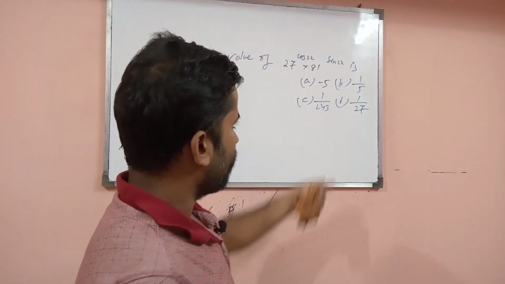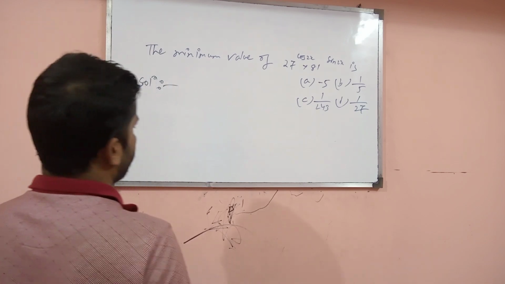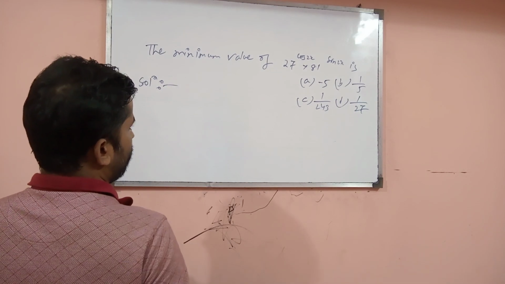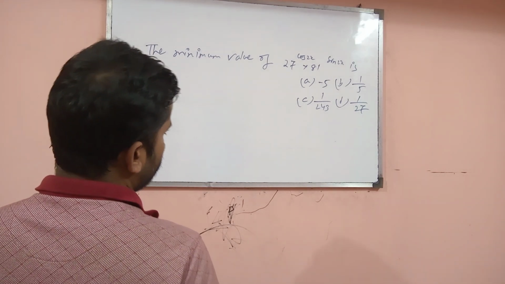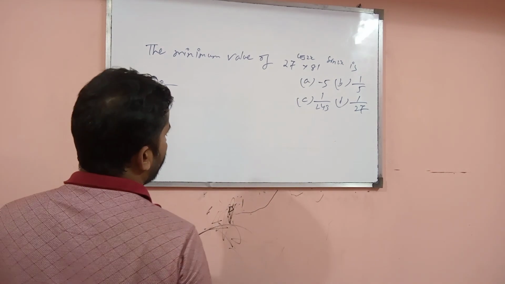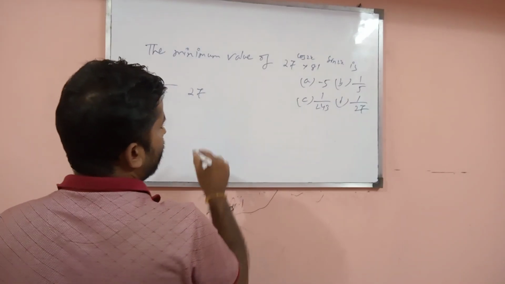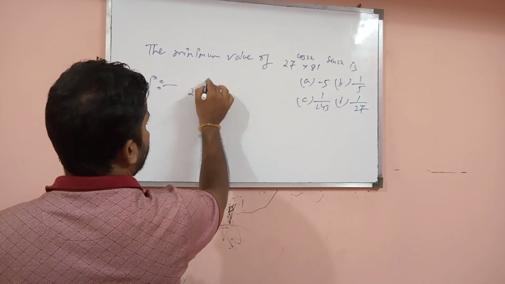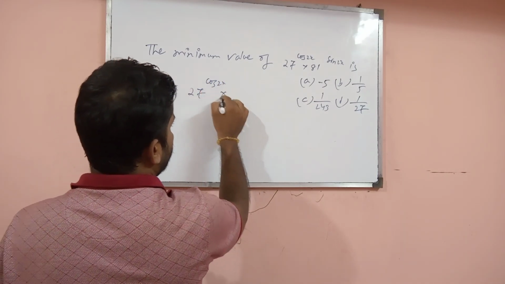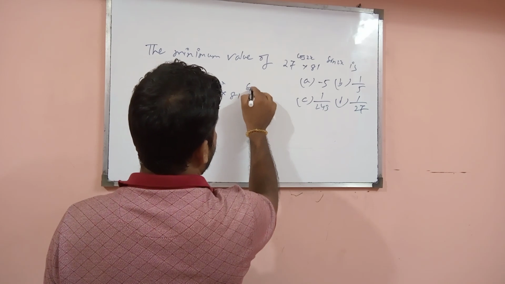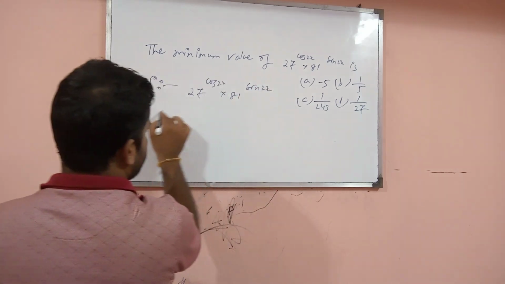This is the question and these are the 4 options. Okay, so how can we solve the problem? So let's have a look at the question. 27 to the power cos twice x into 81 to the power sine twice x.